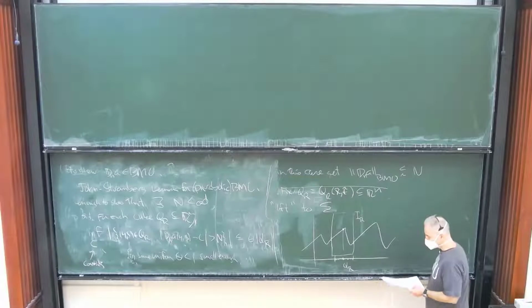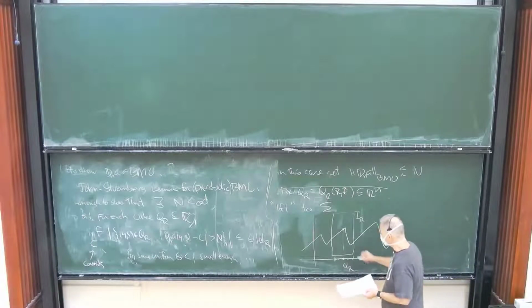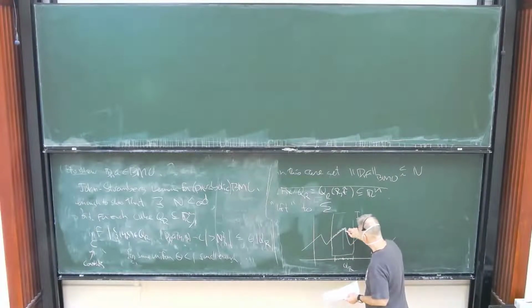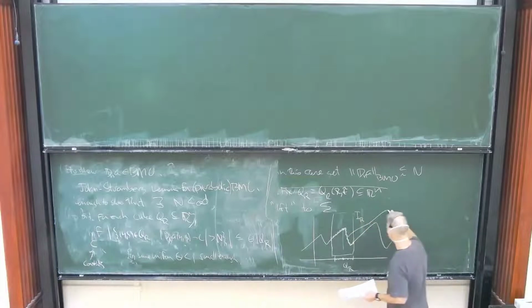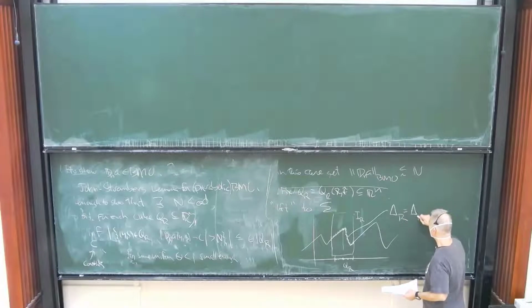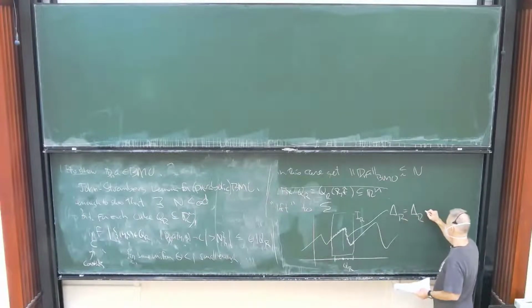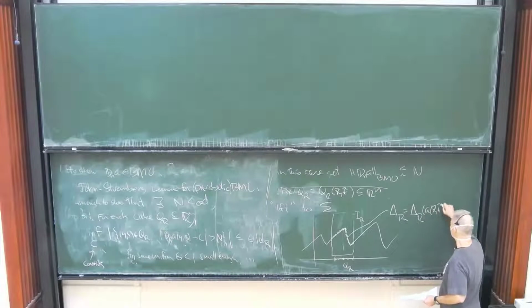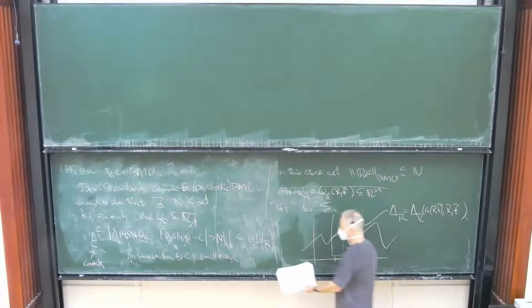All right, and then Delta_R is the intersection, and of course the center, since we're lifting up to the graph, is going to be at (A(x tilde, t tilde), x tilde, t tilde). Okay?